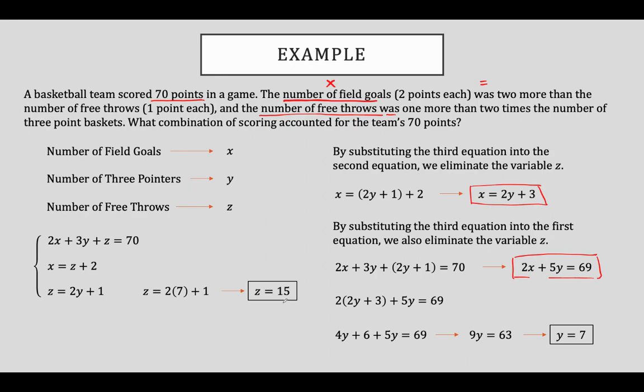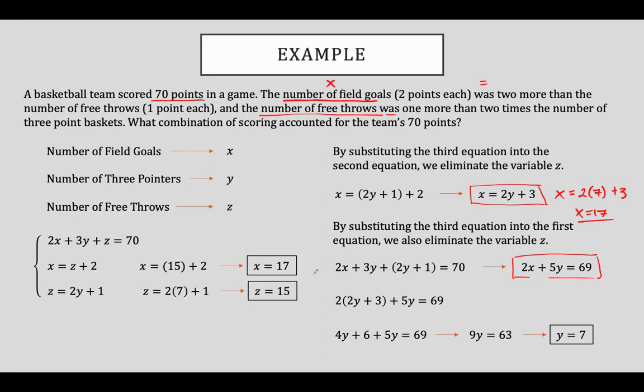We can plug in 15 for z. x is going to be equal to 17. Notice I could have used this equation up here to solve for x as well. That would give me x is equal to 2 times 7 plus 3. 2 times 7, 14, plus 3, 17. x is equal to 17, giving us the same result.